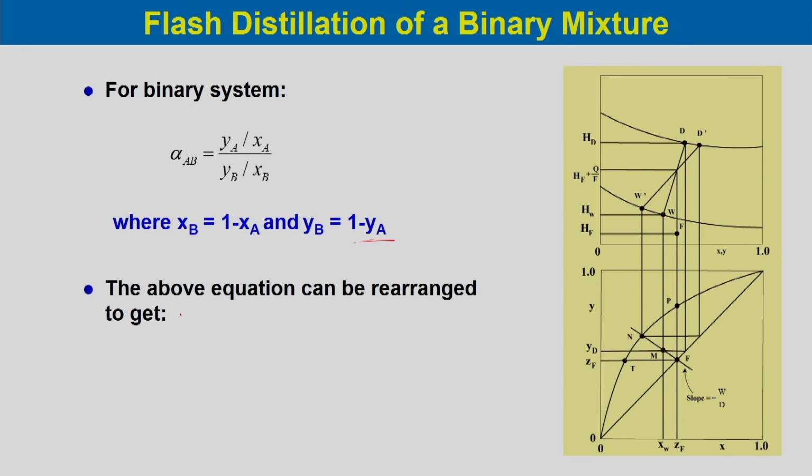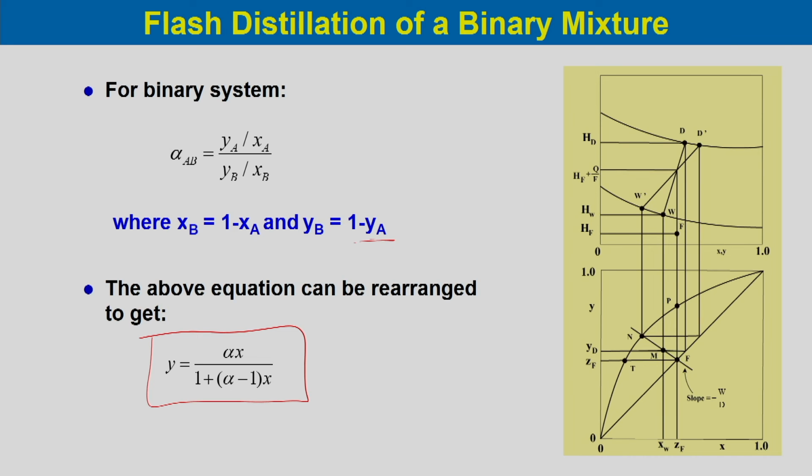So, the above equation can be rearranged to get y equal to alpha x divided by 1 plus alpha minus 1 into x. So, this is the relative volatility equation. Knowing the value of alpha, we can guess any values of x and find y. So, this equation can be used to find the x-y relation or the equilibrium curve, so that the problem can be solved.